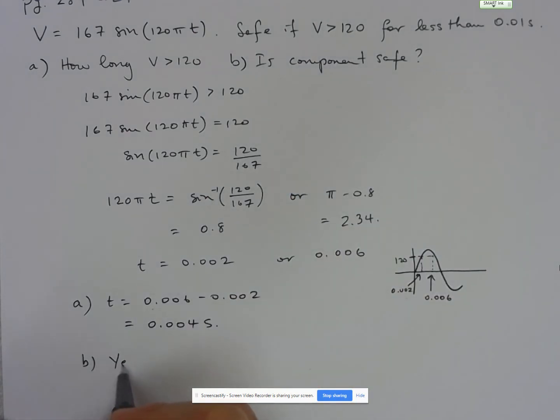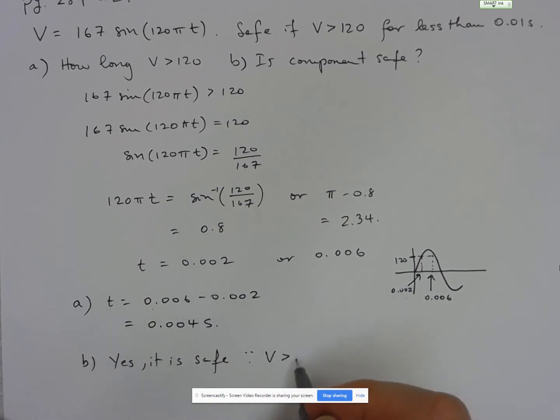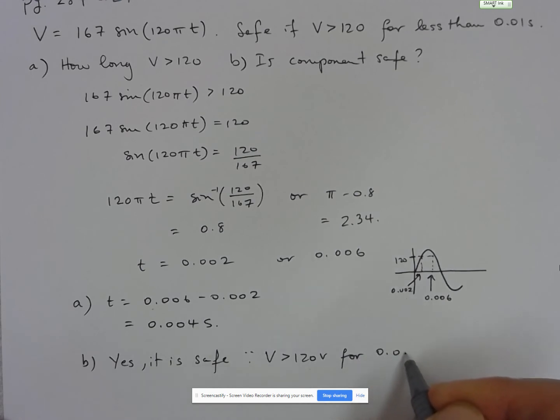So yes, it is safe. Why? Since V is greater than 120 volts for 0.004 seconds, which of course is less than 0.01 seconds. And that was the condition that was given, that as long as it's less than 0.01, it will be safe to use.